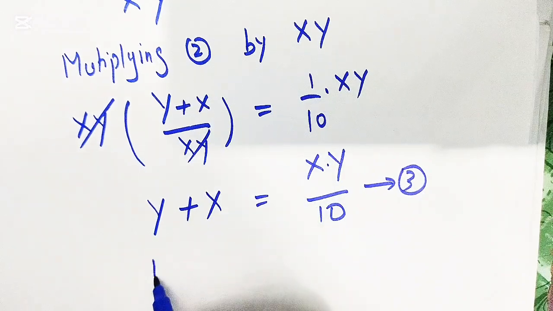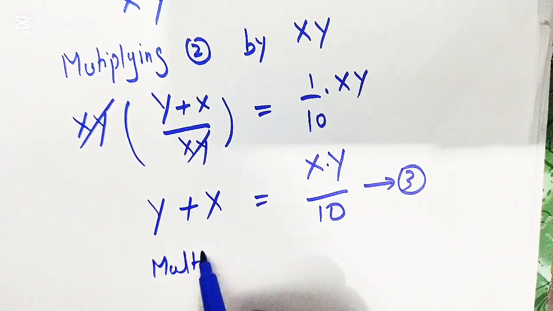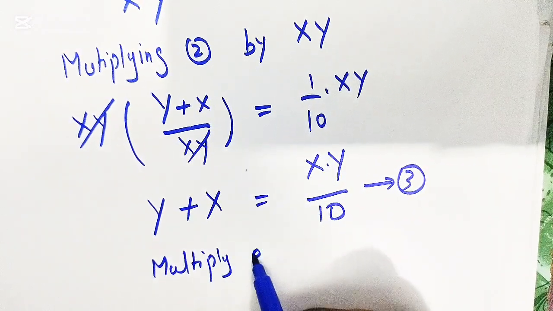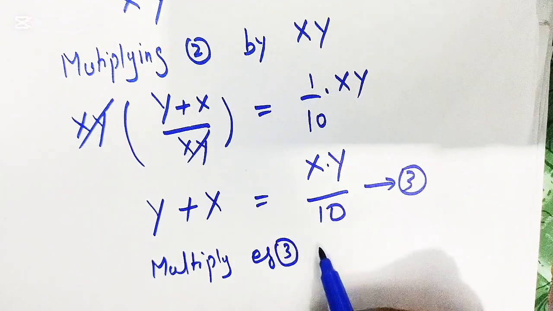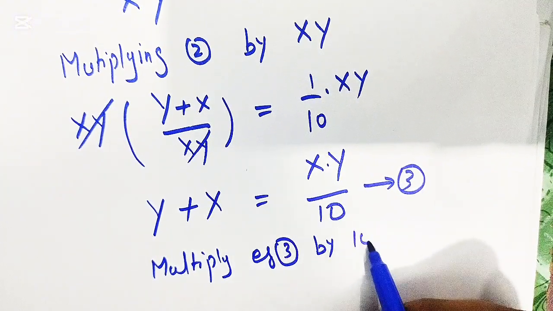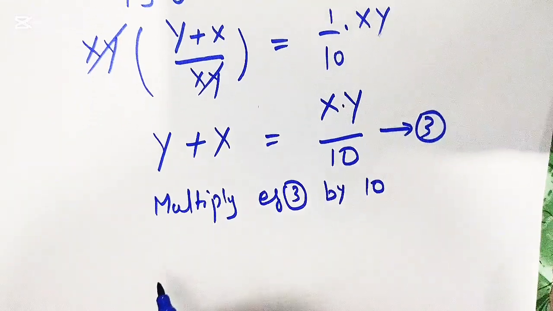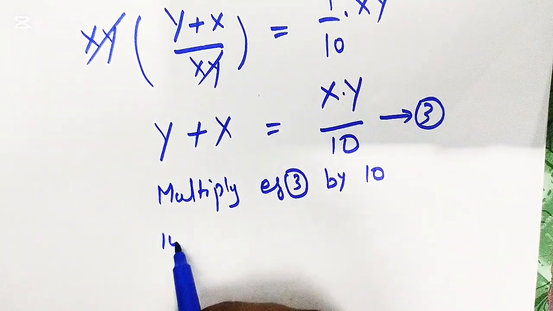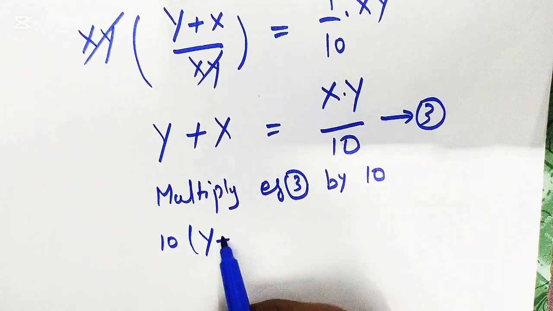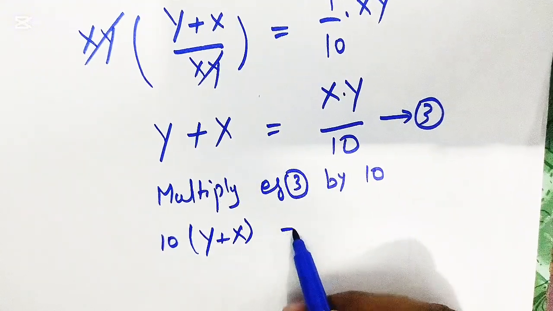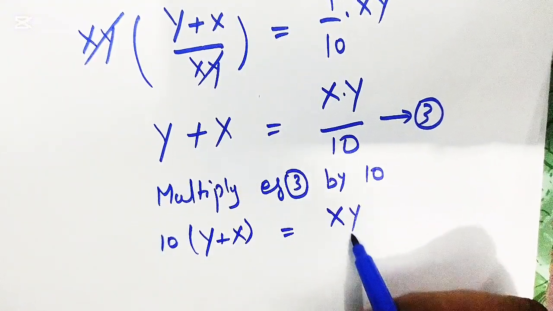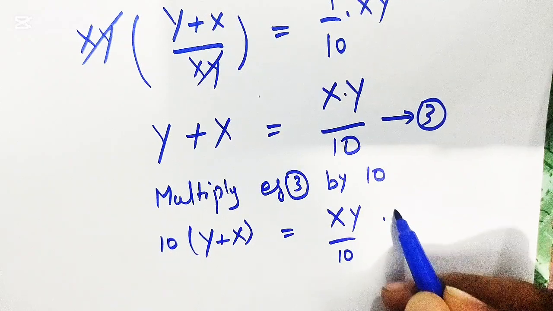Now multiply equation number 3 by 10. Here I have 10 times (y plus x) is equal to xy over 10 multiplied by 10.